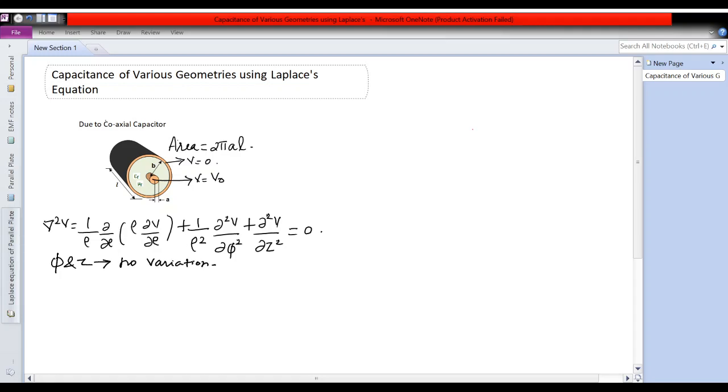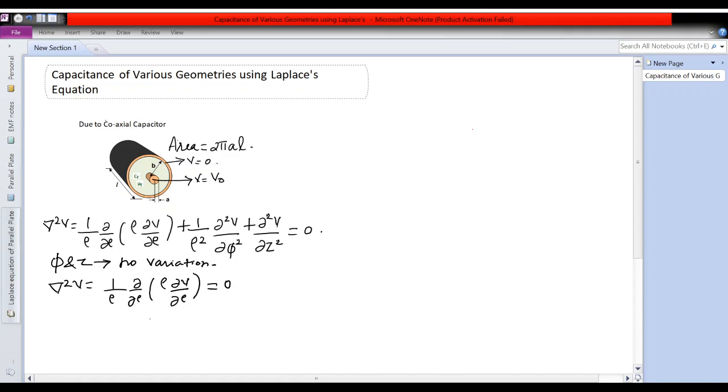So the above equation reduces to del square V is equal to 1 by rho dou by dou rho of rho into dou V by dou rho, which is equal to 0. Now rho into 0 is 0, so I am integrating once. When I integrate once, what will I get?